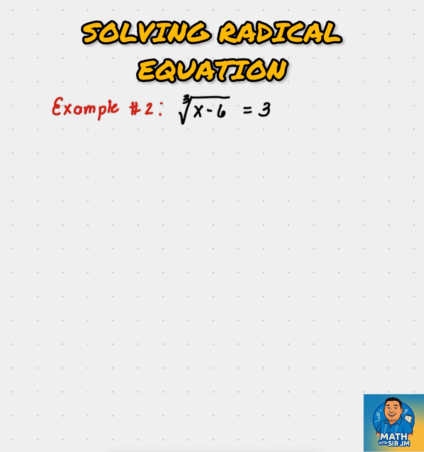Let's have number 2 example. We have here cube root of x minus 6 is equal to 3. Now again, let us rewrite this given problem. We have here cube root of x minus 6 is equal to 3.